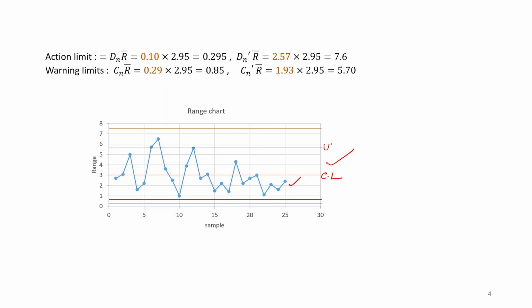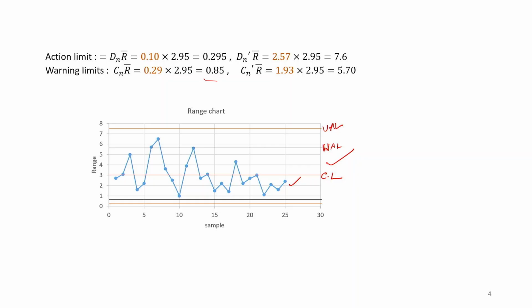So this is the upper action line or upper control line, whatever we can write. And then the lower line also we have to draw at 0.295. So around 0.295 we draw another line, for the value of D R bar. Warning limits are also 0.85 and 5.70. So this is UAL, and that is WAL.